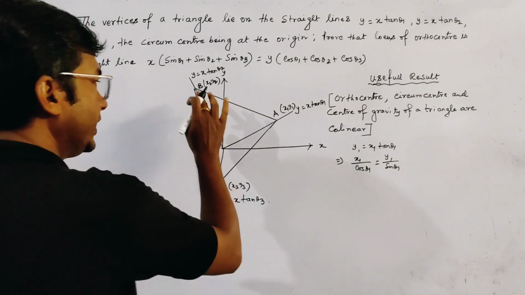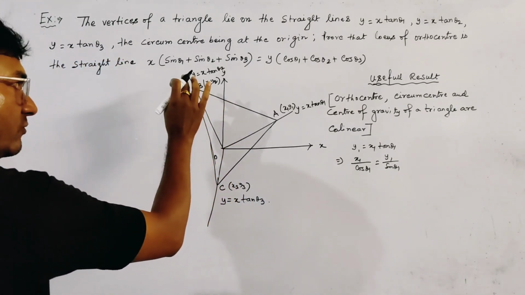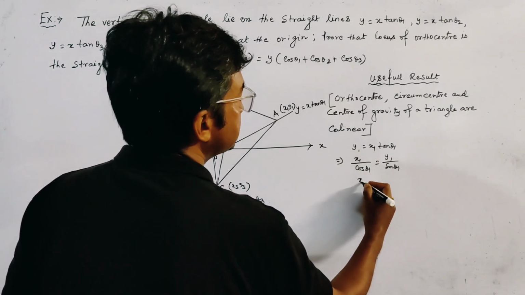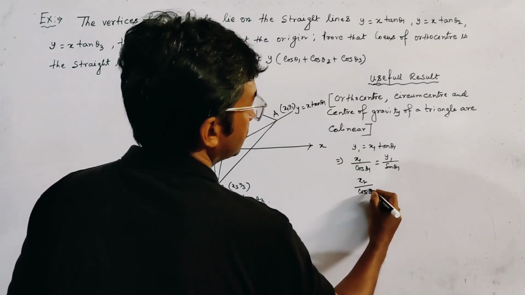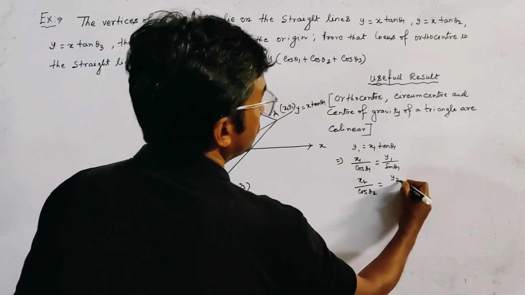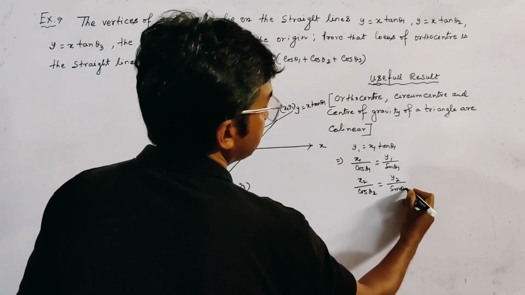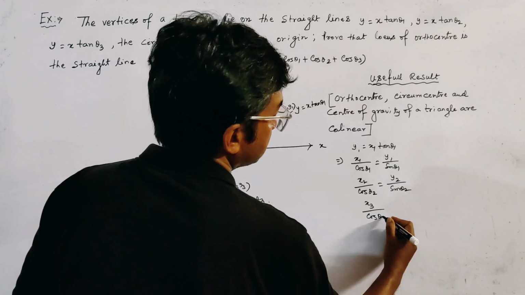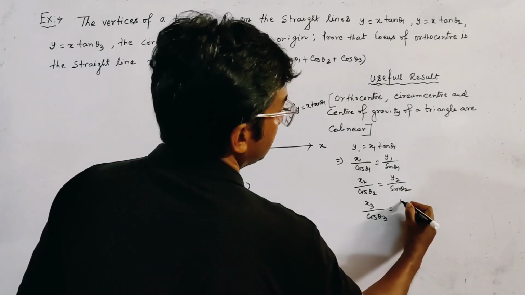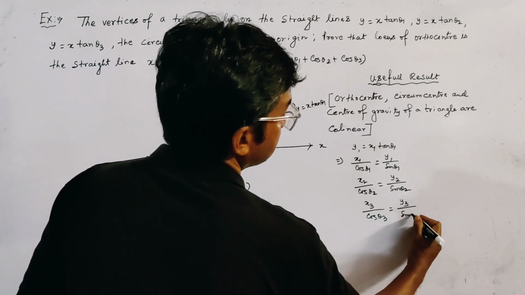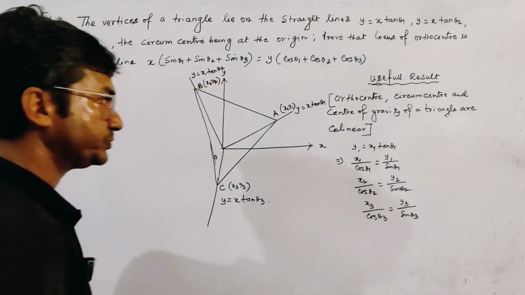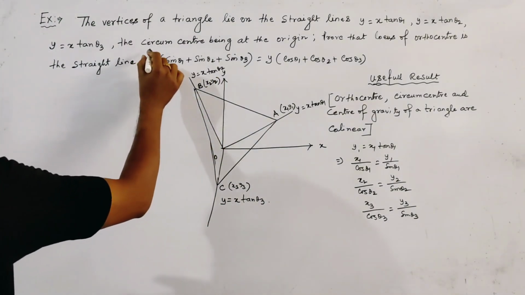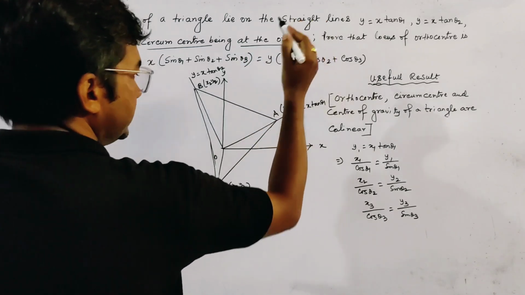And similarly we get the similar result for B and for C. We write directly here: x2 by cos theta 2 equal to y2 by sin theta 2, and x3 by cos theta 3 equal to y3 by sin theta 3.